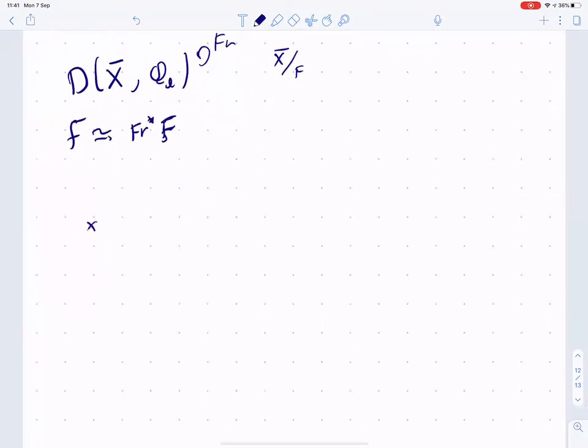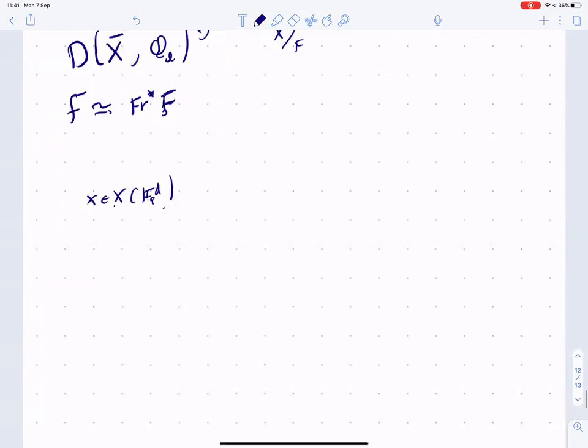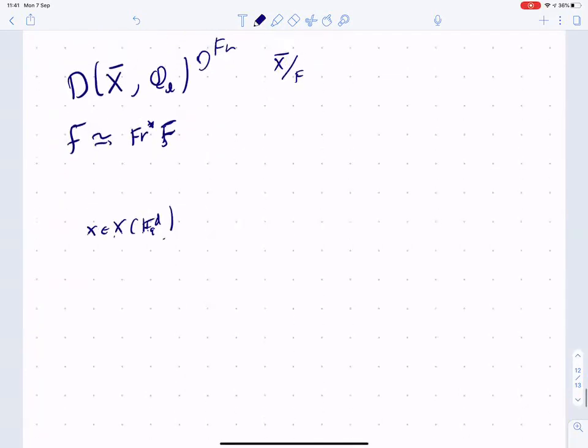Now, if you gave me an isomorphism with the Frobenius acting, I also get an immediate isomorphism with the Frobenius of the Frobenius. I can apply the Frobenius upper star to this isomorphism because it's actually the category.